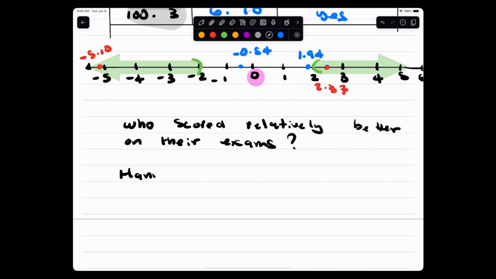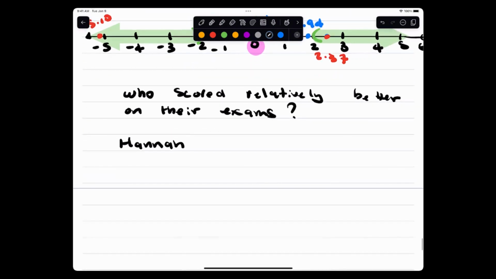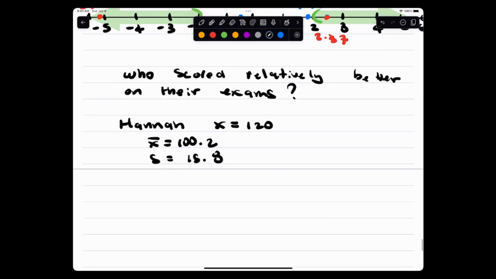Of course, Hannah Montana had a data score. First of all, the mean was 100.2, standard deviation is 15.8. She scored 120 on the test.